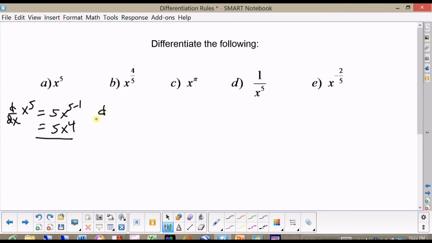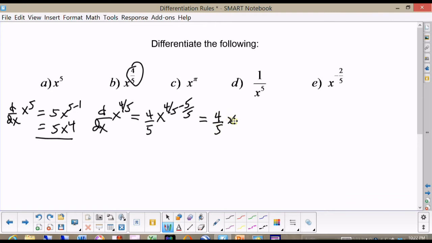For number B, d dx of x to the 4/5 power is going to be the power, which is 4/5, x to the 4/5 minus 5/5, which is of course minus 1, and that is equal to 4/5 x to the minus 1/5.